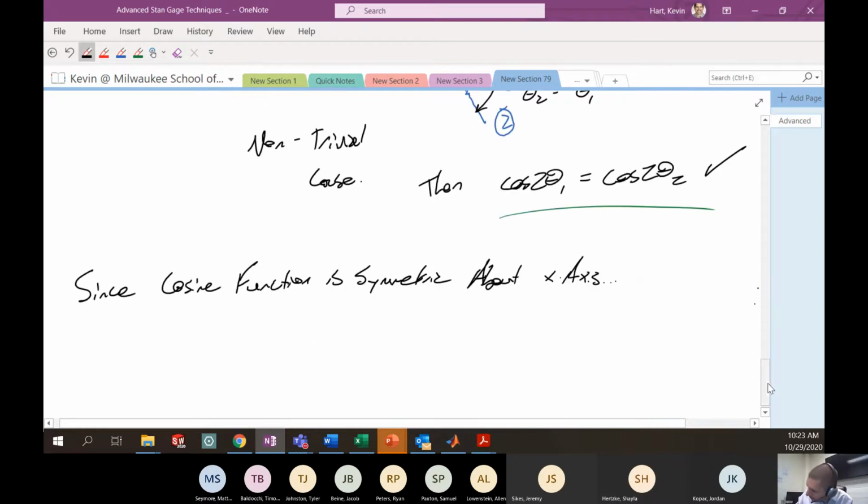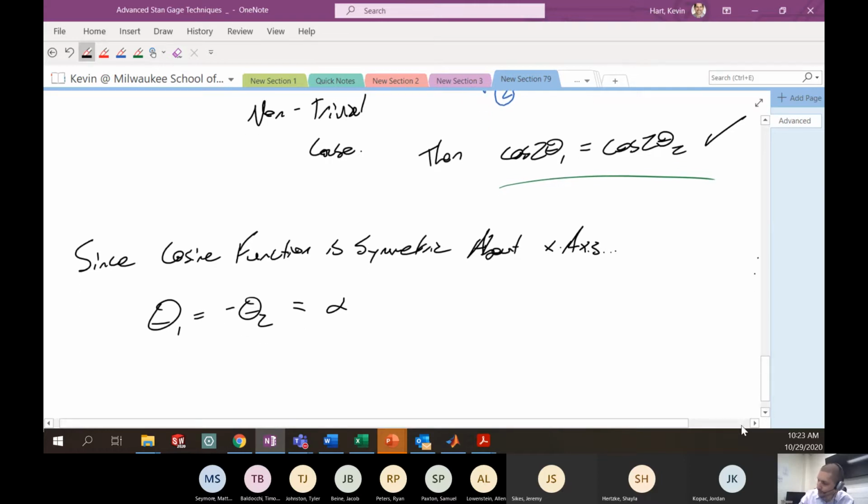If we say theta 1 is equal to negative theta 2, let's just call this some angle alpha. Then you end up with the picture that I drew before.